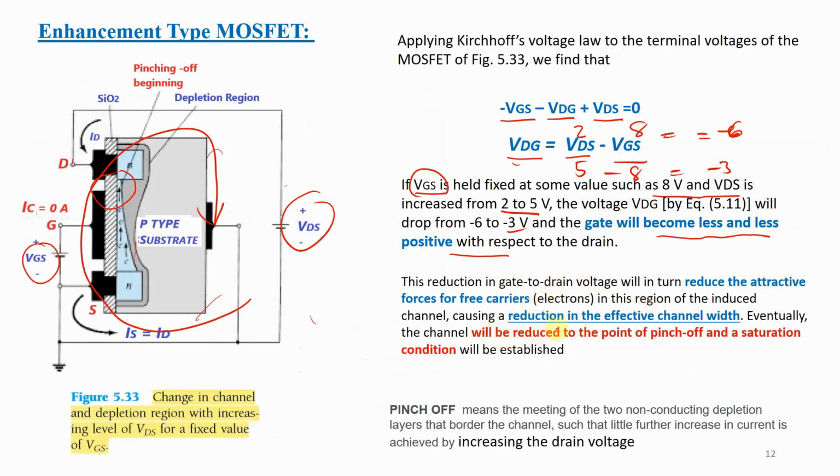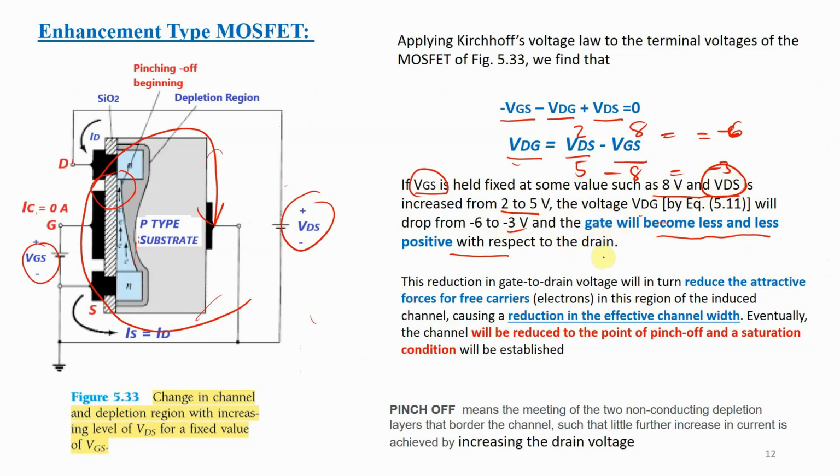Okay? Now, when we are increasing VDS, the gate becomes less positive with respect to the drain.